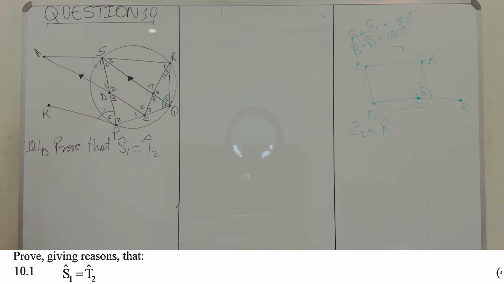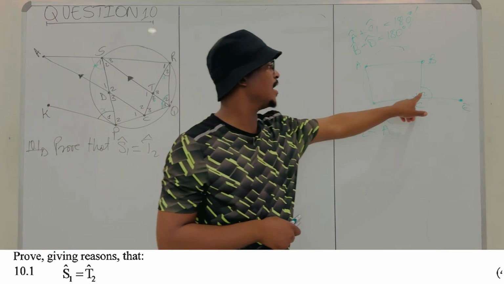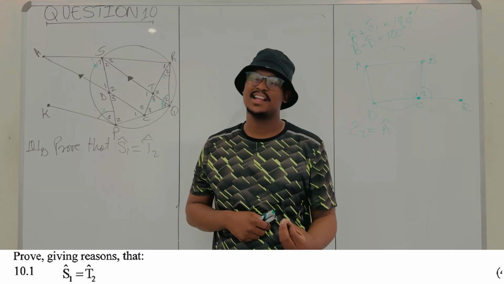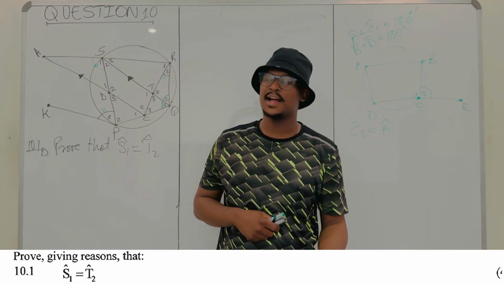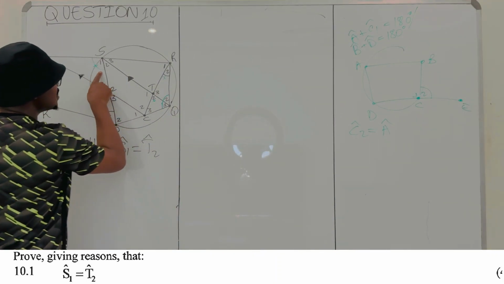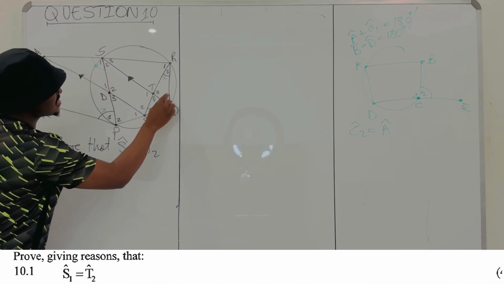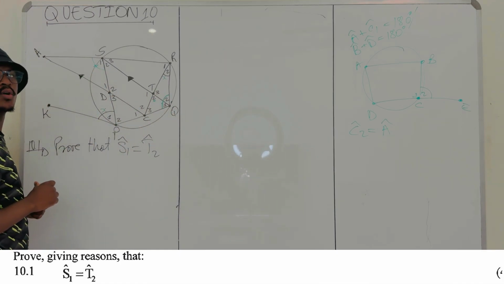Fine. What do we know about S1? S1, which is this angle here, is an exterior angle of a cyclic quadrilateral. And I said an exterior angle of a cyclic quadrilateral is equal to the interior opposite angle. So which means your S1 is equal to Q1 plus Q2 because the interior opposite angle is all of this angle of the quadrilateral.